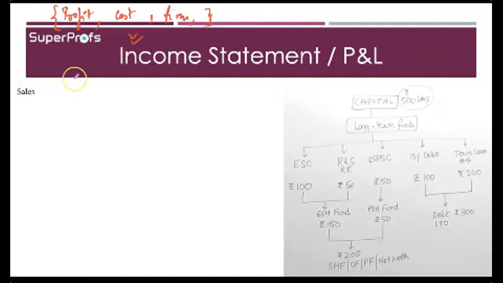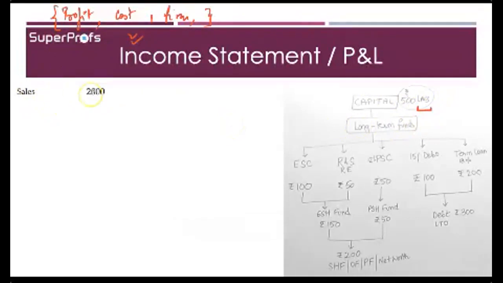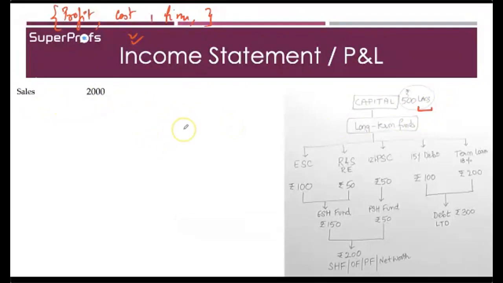So let's say that the sales for our firm, because earlier we have taken figures in lakhs of rupees, is 2000 lakh rupees. When you have to find the profit of anything, let me take a very simple example. You say, hi, I sold apples worth 10,000 rupees.